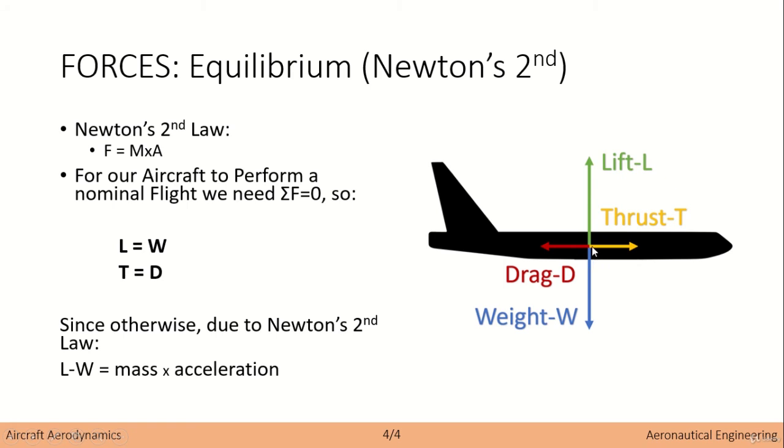So initially, the aircraft is just pushed and has an increase in velocity because the thrust is a lot bigger than the drag. Of course, the drag starts to grow because we are having higher velocity, but the thrust is much larger with respect to the drag.